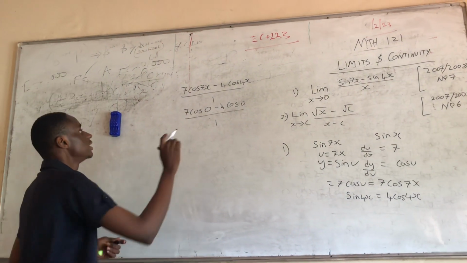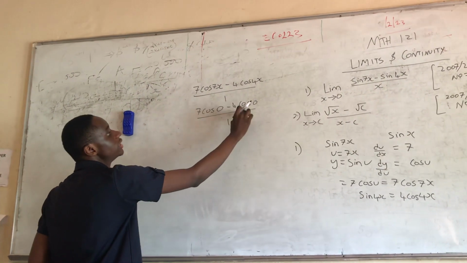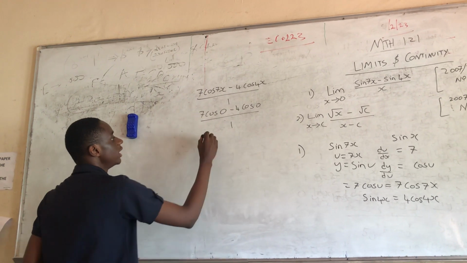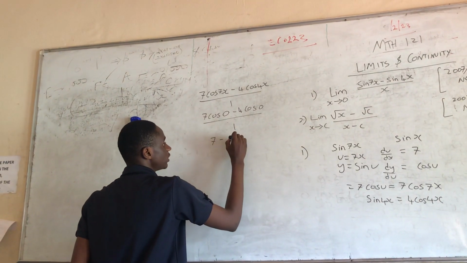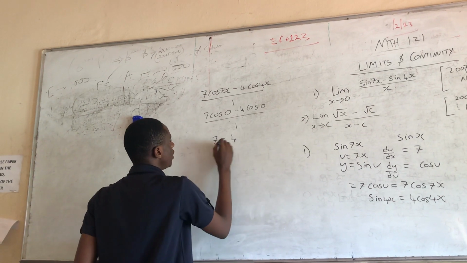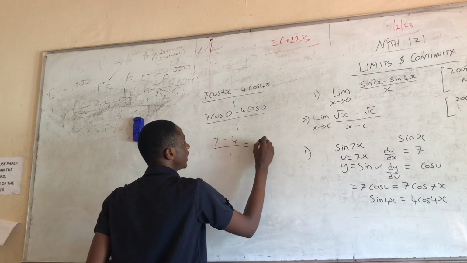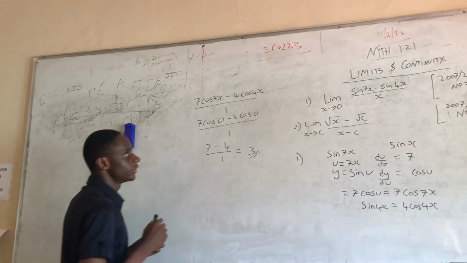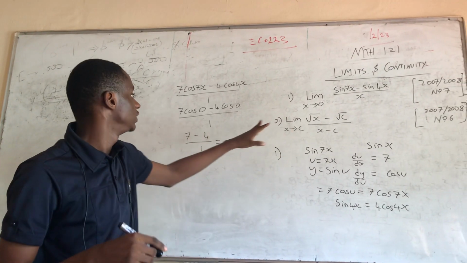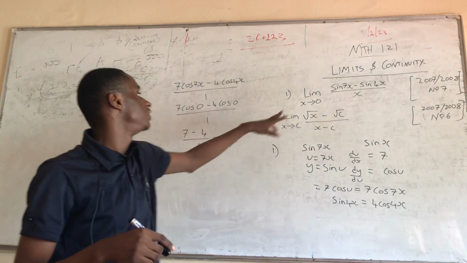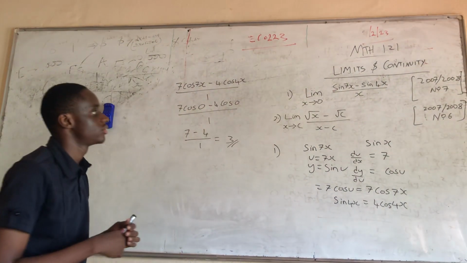So we have 7 times 1, which is 7, minus 4 times 1, which is 4, all over 1, which is equal to 3. So this is the limit of this function as x approaches 0.